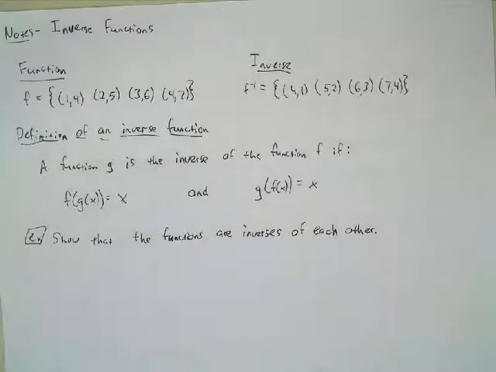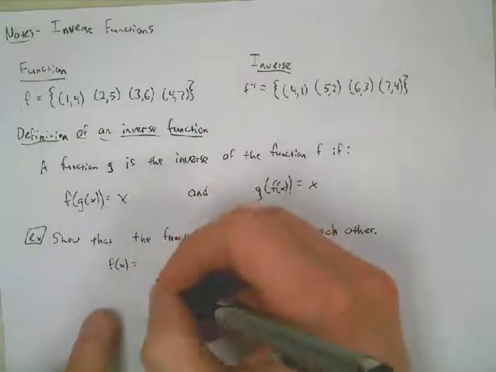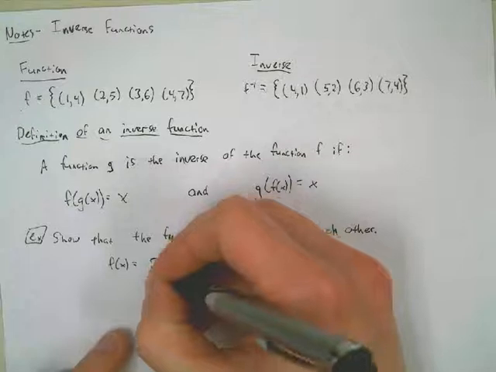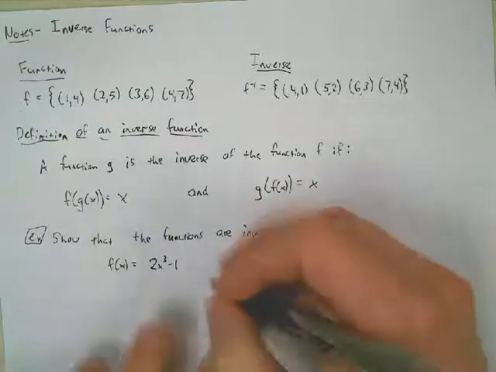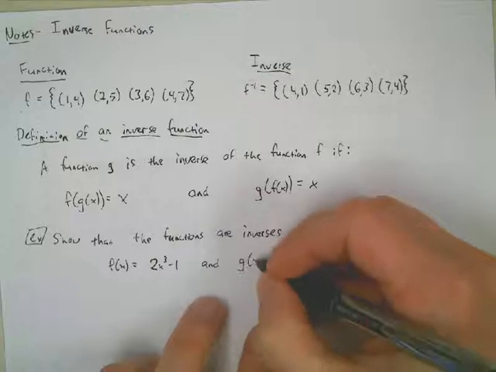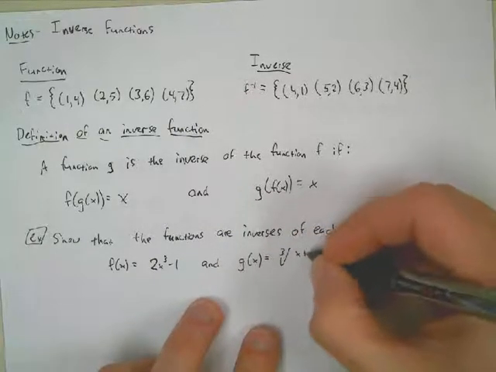Here are the two functions. f of x is, let's say, 2x cubed minus 1. And g of x is the cube root of the quantity x plus 1 all over 2.